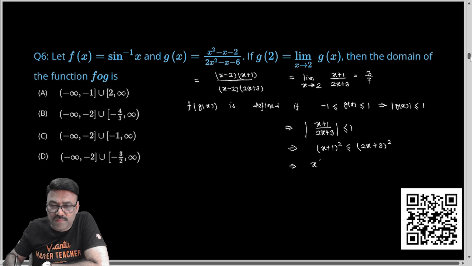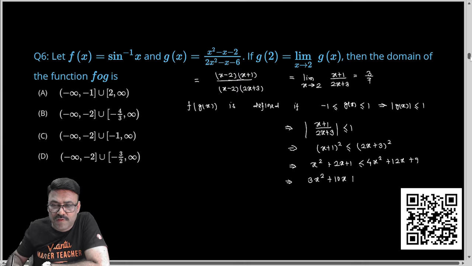This gives x square plus 2x plus 1 less than or equal to 4x square plus 12x plus 9. So it is 3x square plus 10x plus 8 greater than or equal to 0.